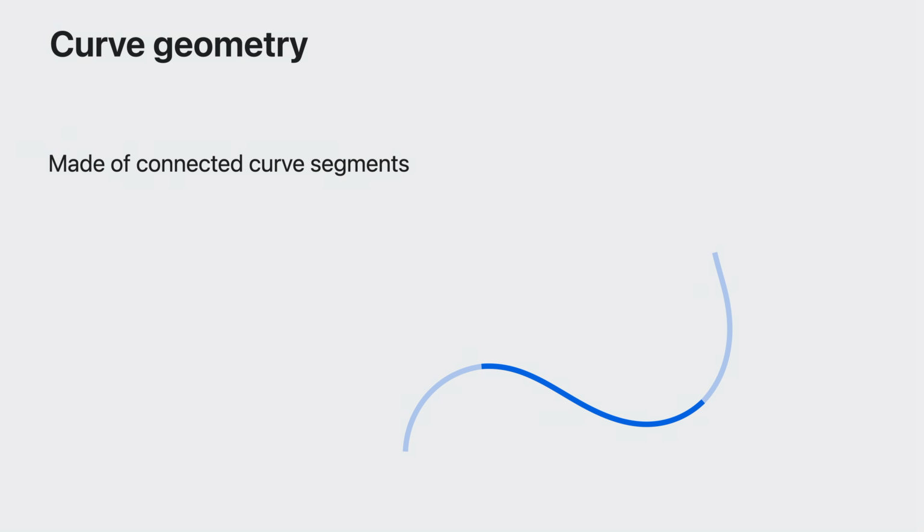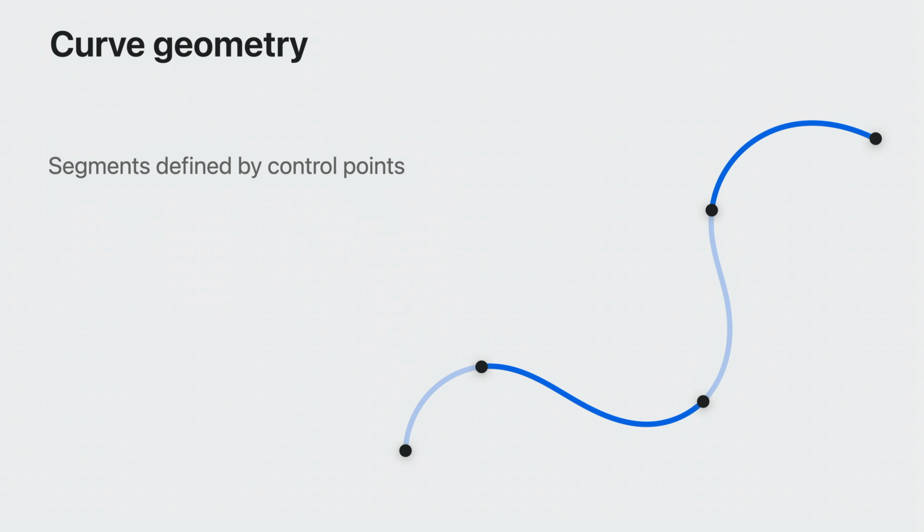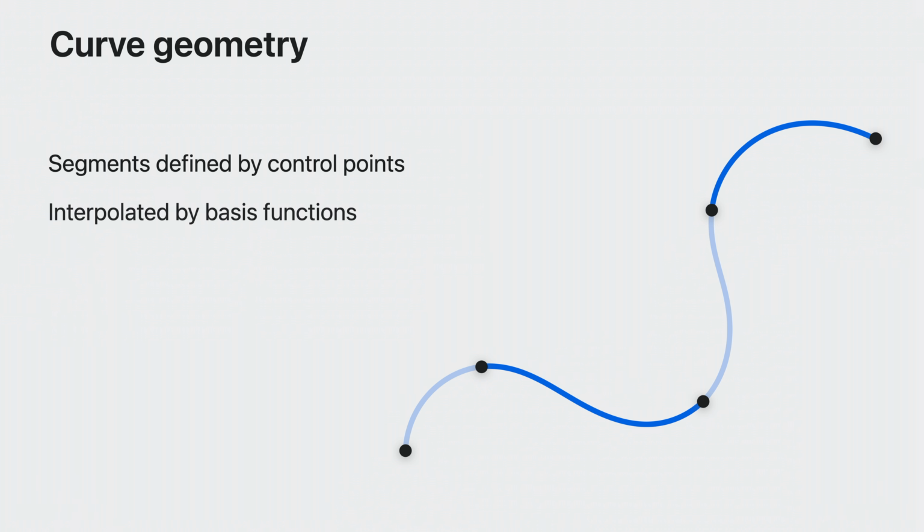A full curve is made of a series of connected curve segments. Every segment on a curve is its own primitive, and Metal assigns each segment a unique primitive ID. Each of these segments is defined by a series of control points which control the shape of the curve. These control points are interpolated using a set of basis functions.